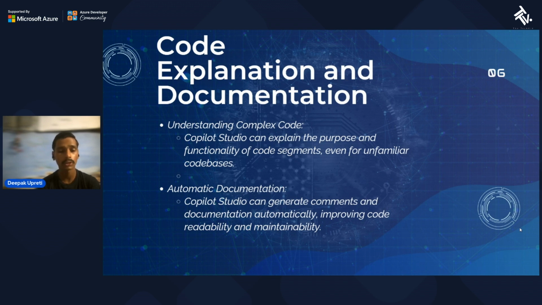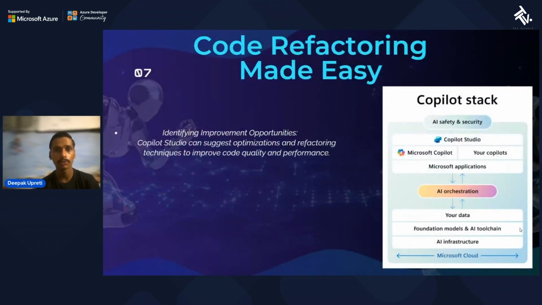Copilot Studio ensures that your code base adheres to best practices, making it a valuable asset for teams striving to deliver high quality software. In conclusion, Copilot Studio's ability to explain complex code and automate documentation significantly enhances your productivity and code quality. Next slide is about code refactoring made easy.